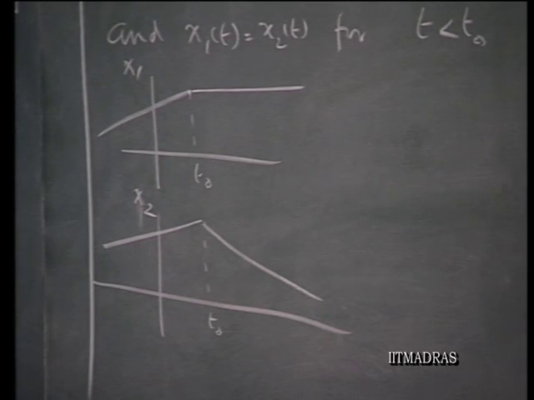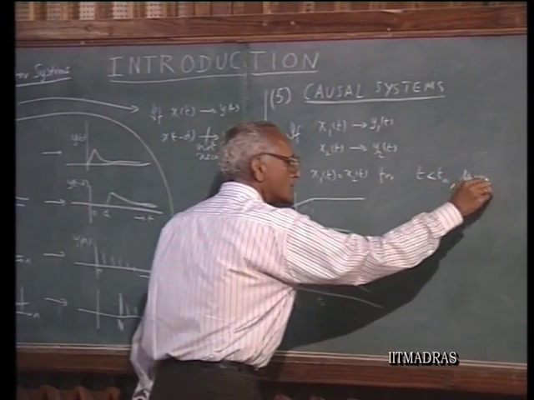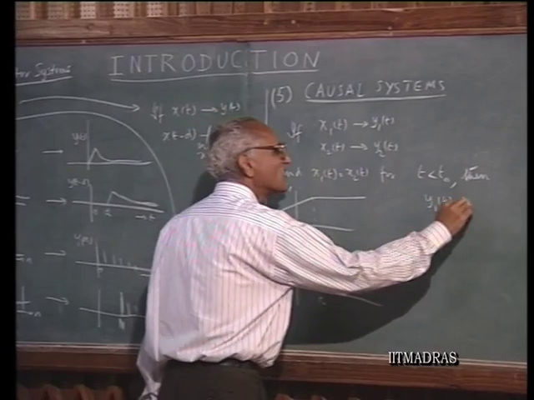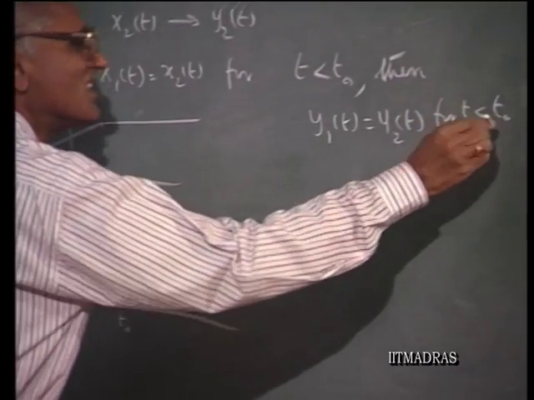Then if this is so, for a causal system we can expect that y1 of t equals y2 of t for t less than t naught.